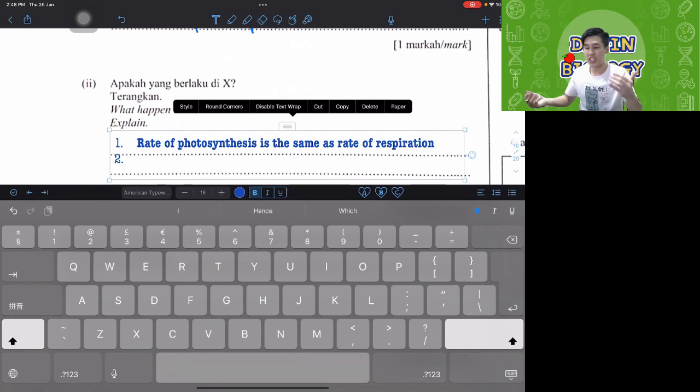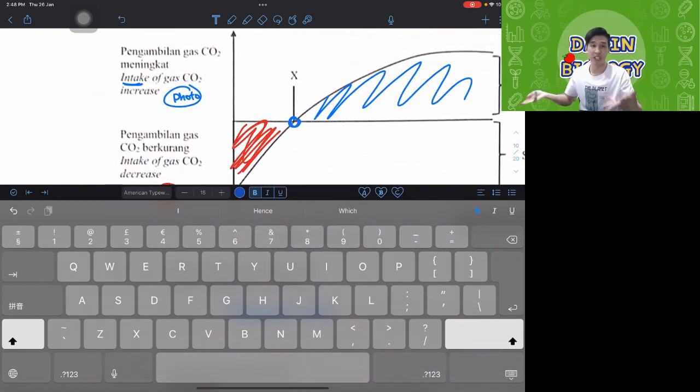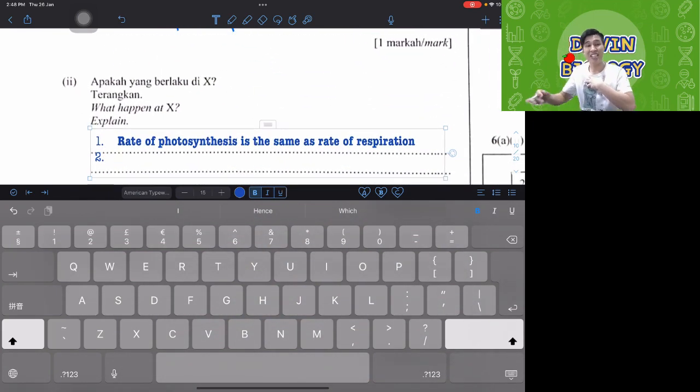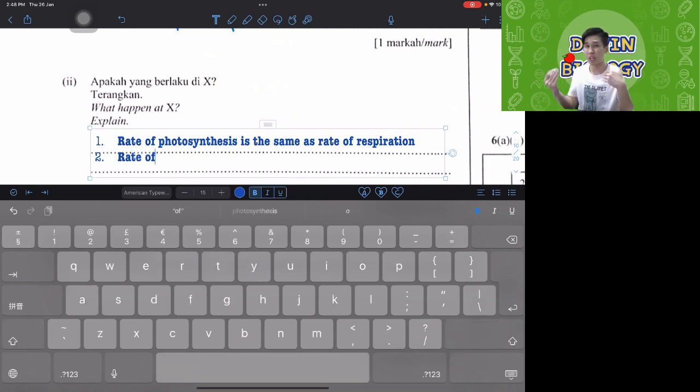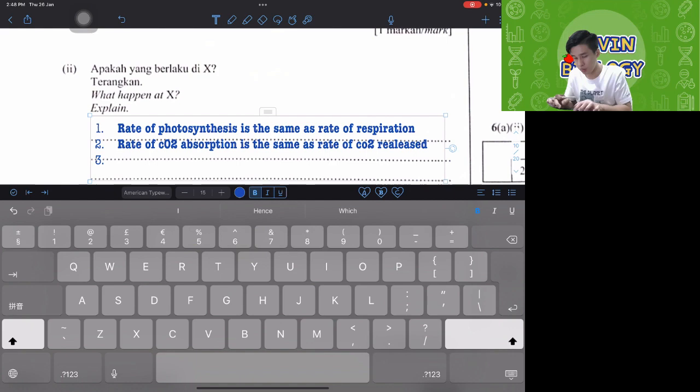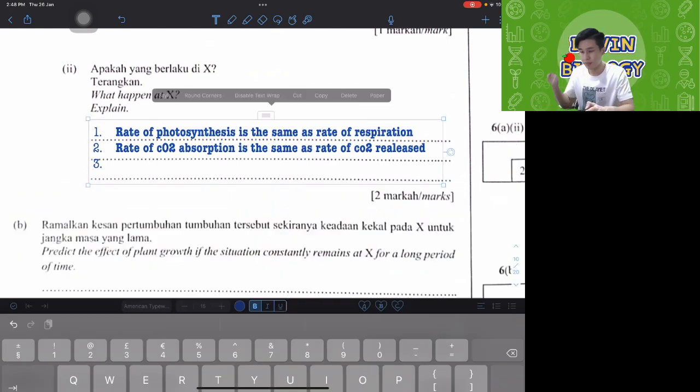If photosynthesis is the same, respiration is the same, what else is the same? First, you can talk about carbon dioxide. The carbon dioxide absorbed and carbon dioxide released is the same, because photosynthesis absorbs carbon dioxide and respiration releases it. So if they are both the same, it will be the same as well. So the rate of CO2 absorption is the same as the rate of CO2 released.